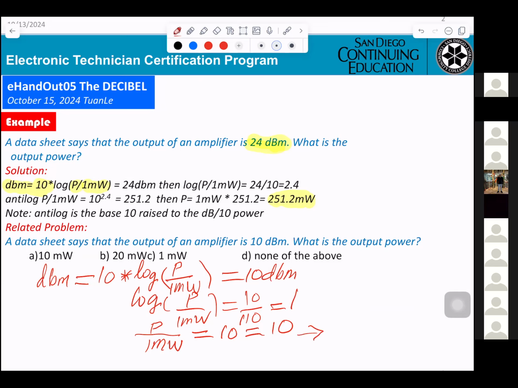That will tell you P equals 1 milliwatt times 10. Okay, the answer will be A.